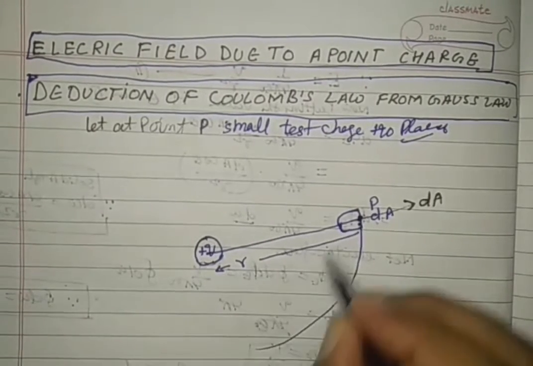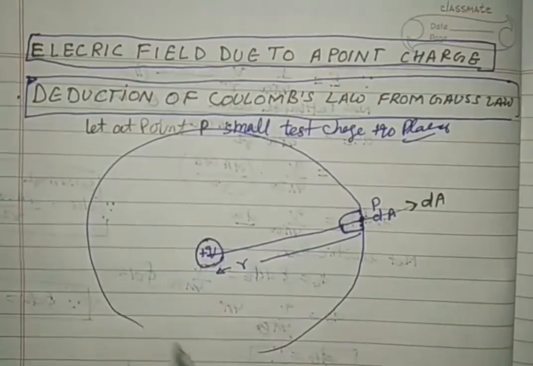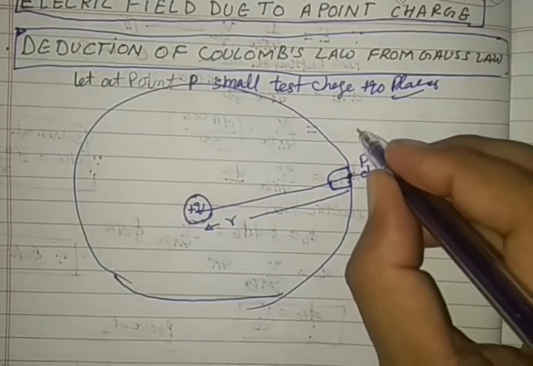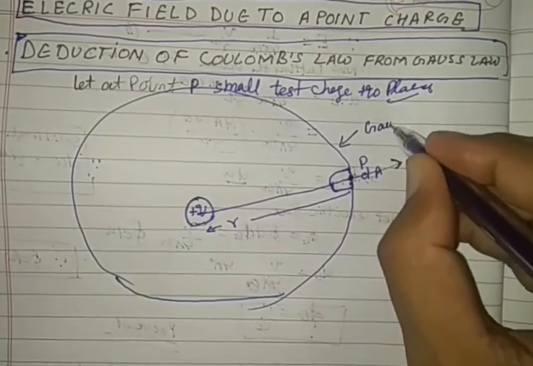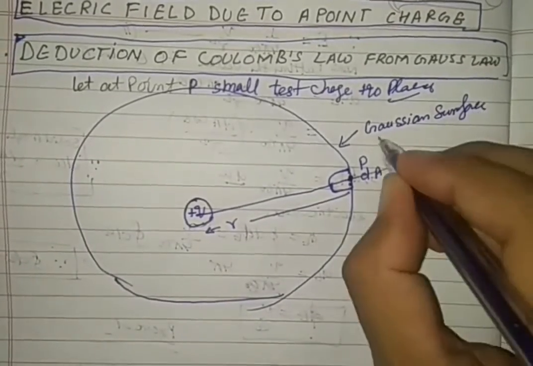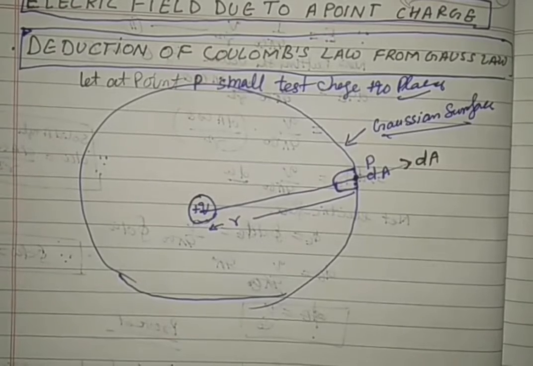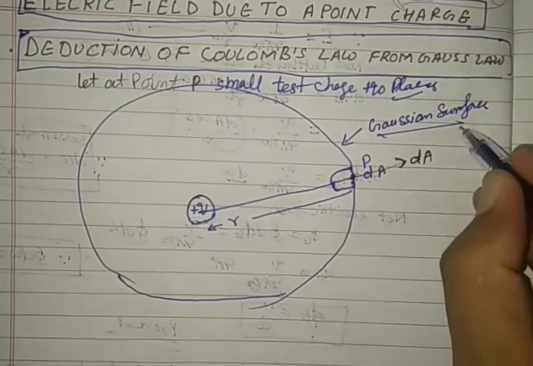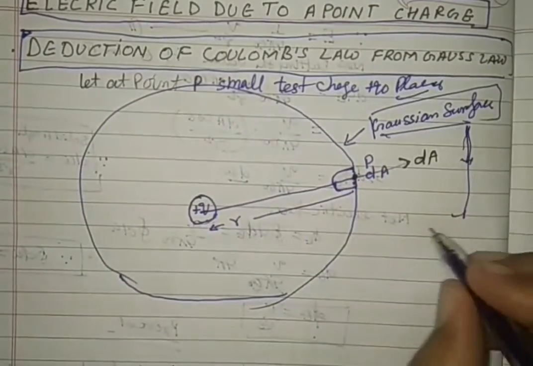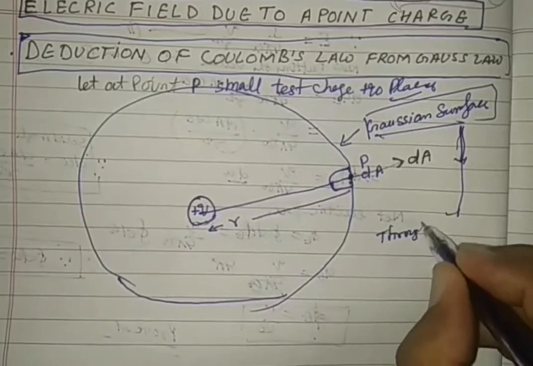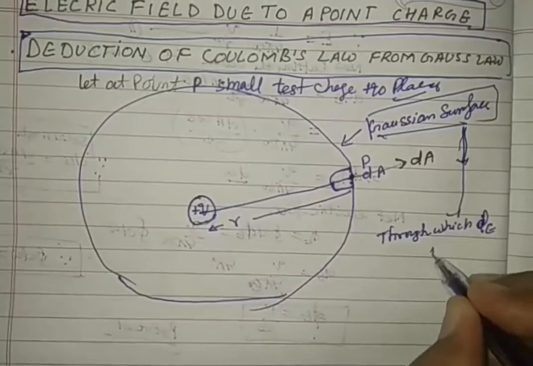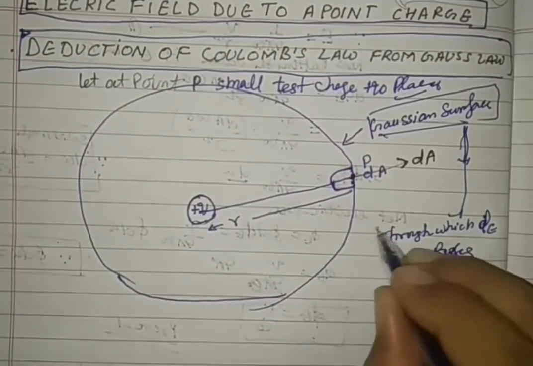Consider a Gaussian surface around it. What is the Gaussian surface? A hypothetical surface through which electric flux phi passes.